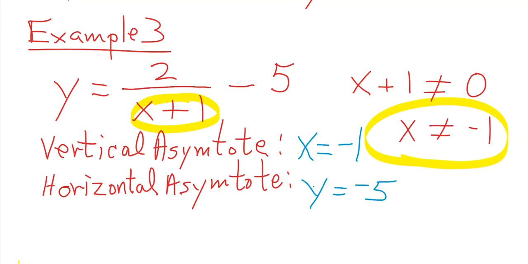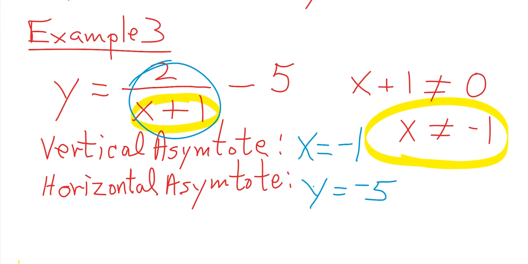So what's 2 divided by 1,000,001 as compared to 2 divided by 1,000,000? Essentially, they're the same thing, aren't they? So as we get very, very large values of x, either positive or negative, this whole expression goes to 0.